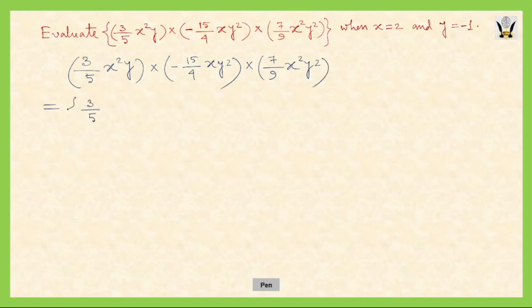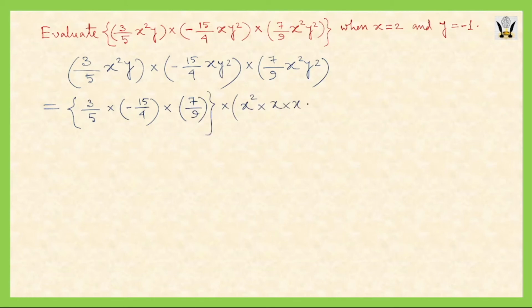So 3 by 5 multiplied by minus 15 by 4, and from the third term it is 7 divided by 9. Then the x terms will be multiplied separately, x square, then x, and then again x square, and we have y, here we have y, here we have y square, and then here we have another term, y square.